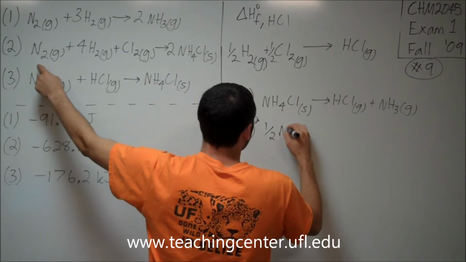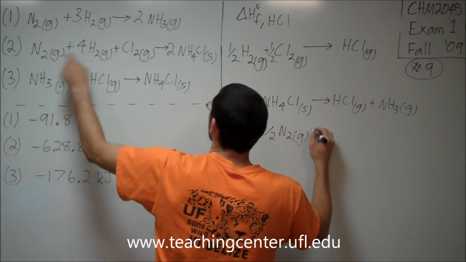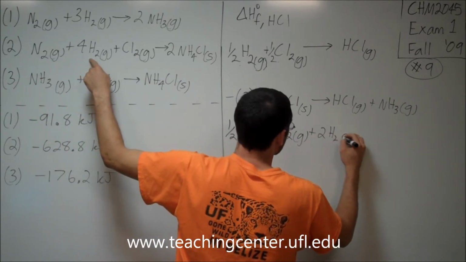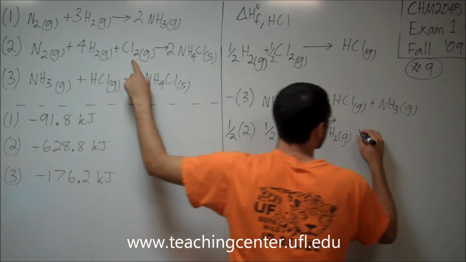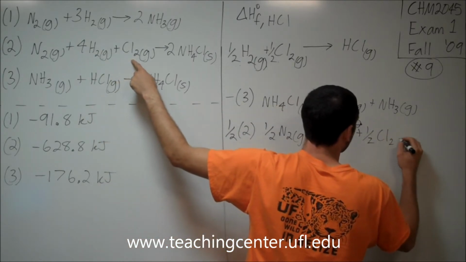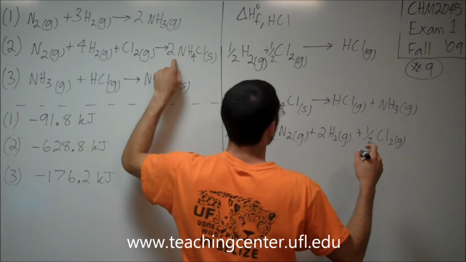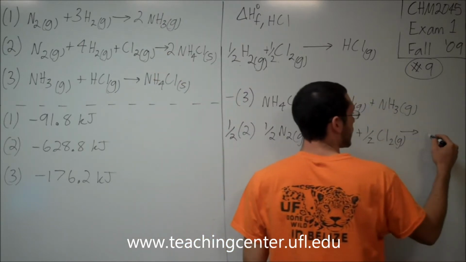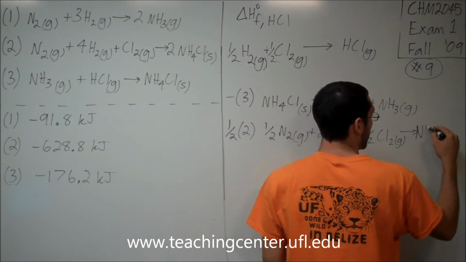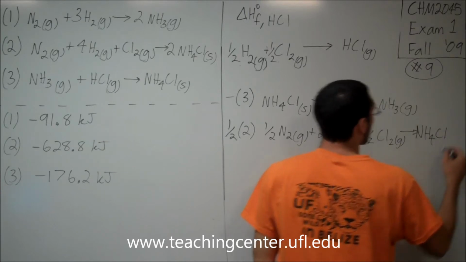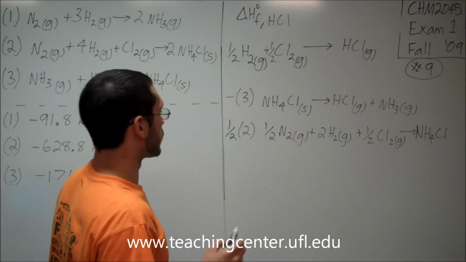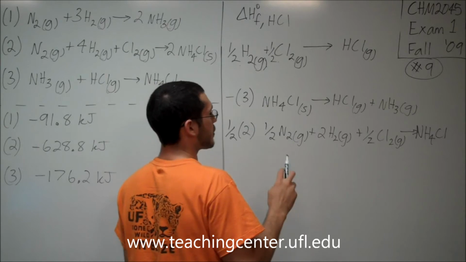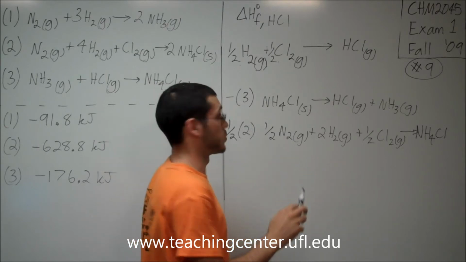I end up with 1/2 N2 gas plus 2 H2 gases plus half Cl2 gas yields 1 ammonium chloride. Real quick, I want to box in everything that only appears once over here.